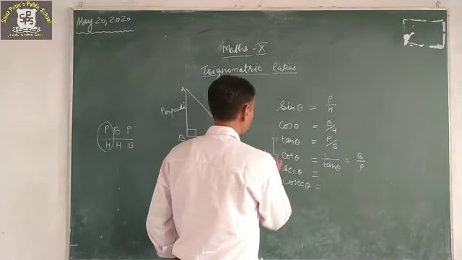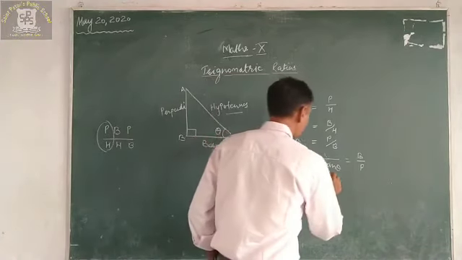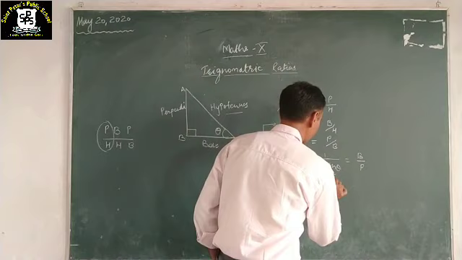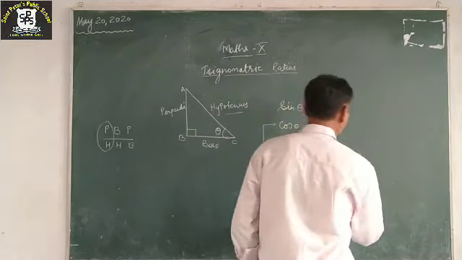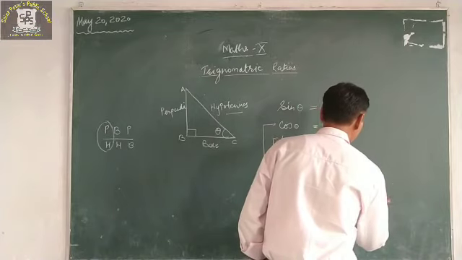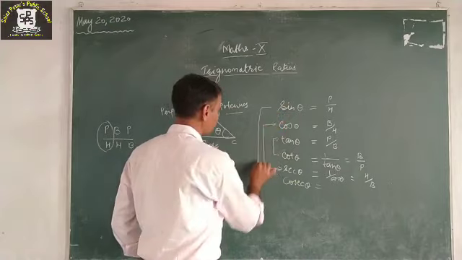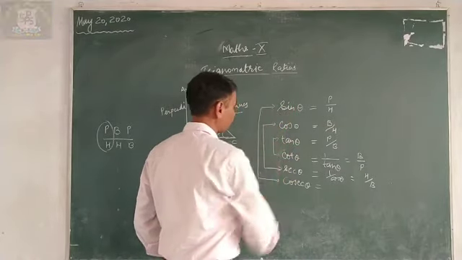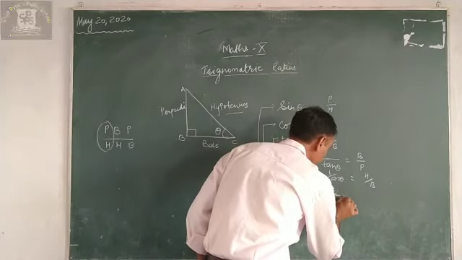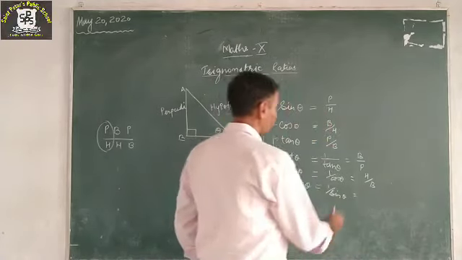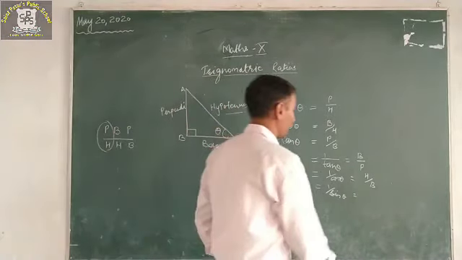Similarly, sec theta is the reciprocal of cos theta, so we can write 1 upon cos theta, or hypotenuse upon base. And cosec theta is the reciprocal of sine theta, so cosec theta equals 1 upon sine theta, and in terms of sides, hypotenuse upon perpendicular.